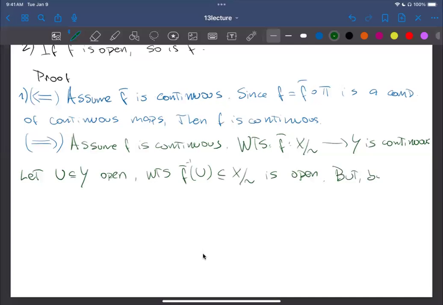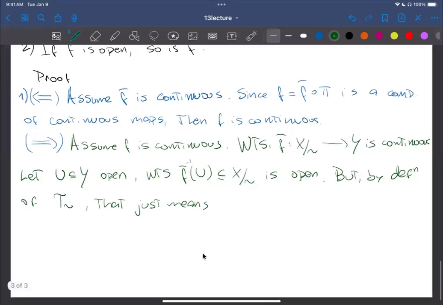So by definition of the quotient topology, this just means some subset of the quotient is open if, so I'm applying the definition to this set, you apply the preimage under phi of whatever set you have. In this case, this is the set we have. So that's our set.